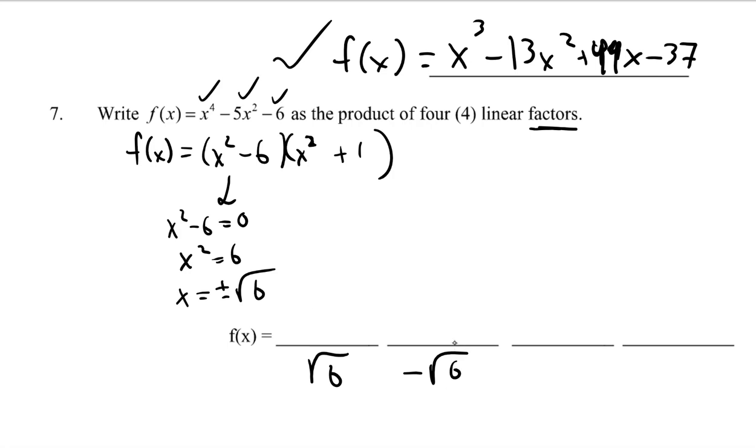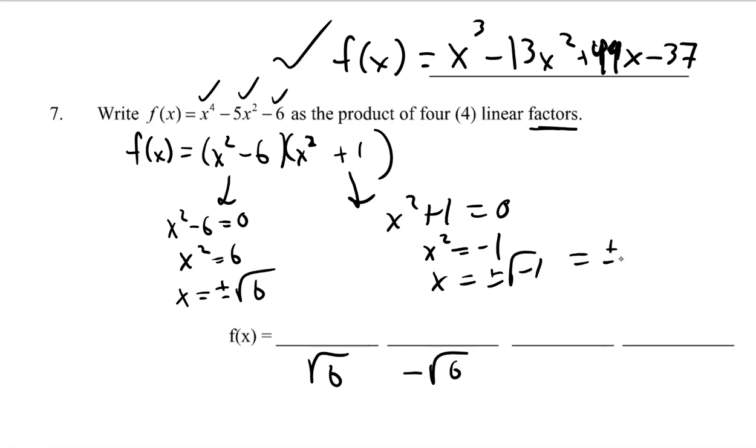If you forget the negative, you should catch it before you're done. We could set this one equal to 0 and solve. Subtract the 1, take the square root. If you take the square root of both sides, it's plus or minus. And then what's the square root of negative 1? Okay, so it looks like i and negative i are my other zeros.